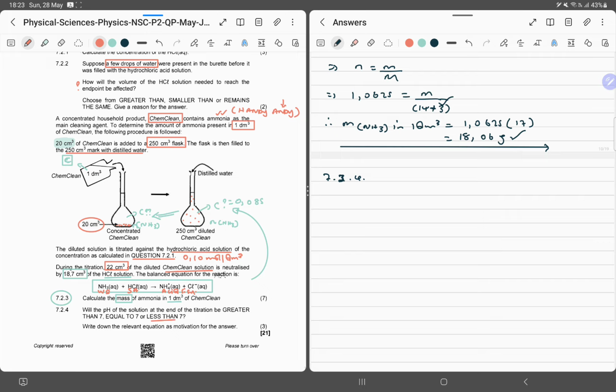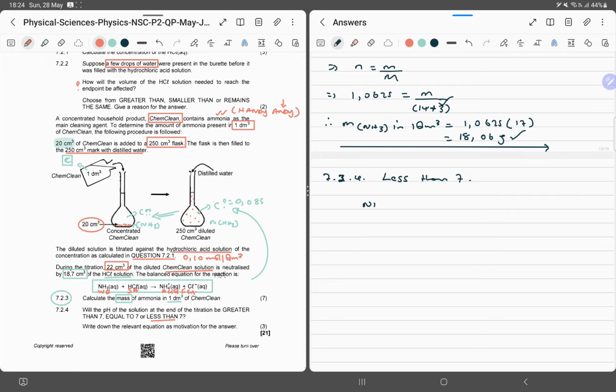Do you see our mental preparation really doing things for us? Less than, yeah, they said less than 7. Now it says write down the relevant equation as a motivation for the answer. Of course, we know that when you take NH3, no, this one is from the products now.